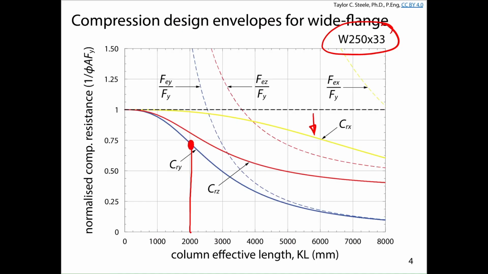And we could say, okay, that's the answer for compressive resistance for a W250 by 33 at 2,000. This is the answer for the compressive resistance of the same section with an effective length of 25. And we can do the same thing for a bunch of different effective lengths. If we do that, we basically have a bunch of answers, right?